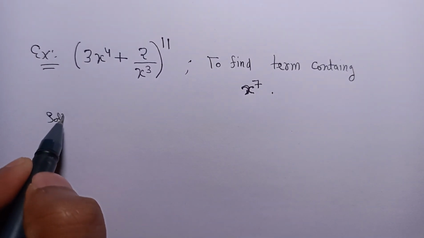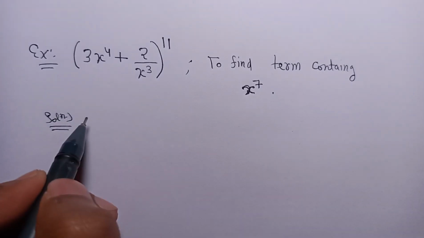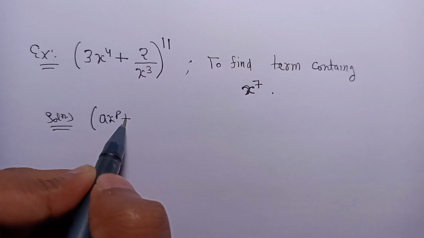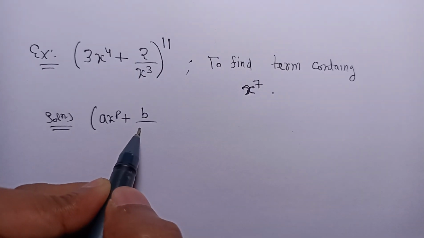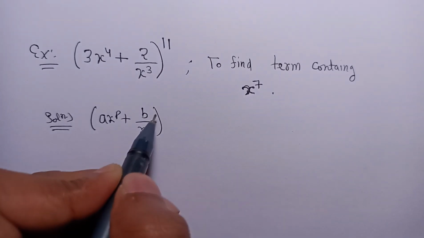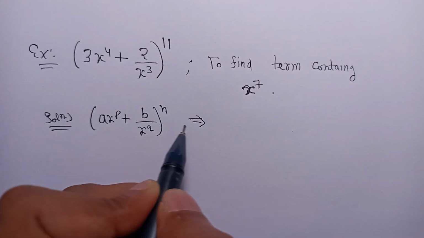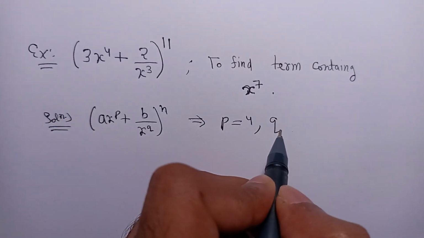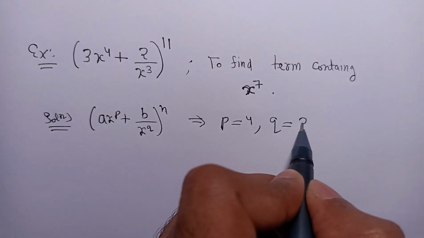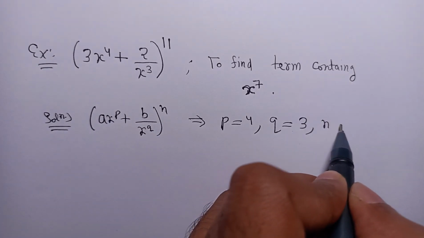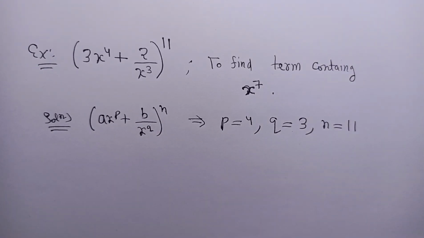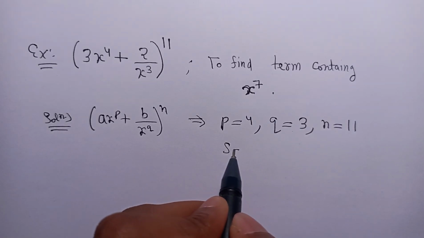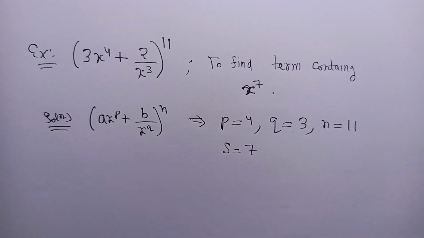Let's see the solution. Here, if you compare with (ax power p plus b upon x power q) whole power n, you will get p value equal to 4, q value equal to 3 and n value equal to 11, and we have to find x power 7, that means s value is 7.